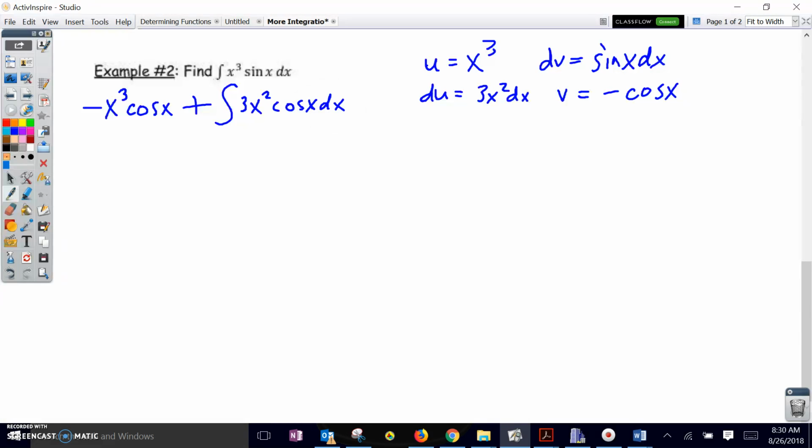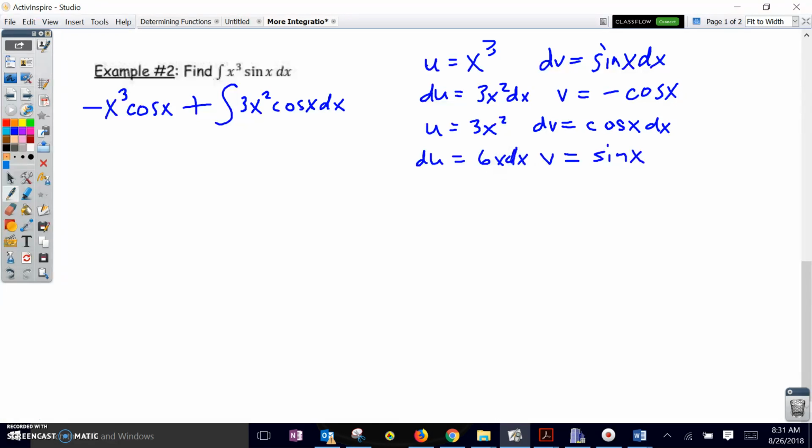And now I'm going to apply parts again. So we've got u equals 3x squared, dv equals cosine of x dx. And then du is 6x, and v is sine of x. Oops, not dx, I know. 6x.